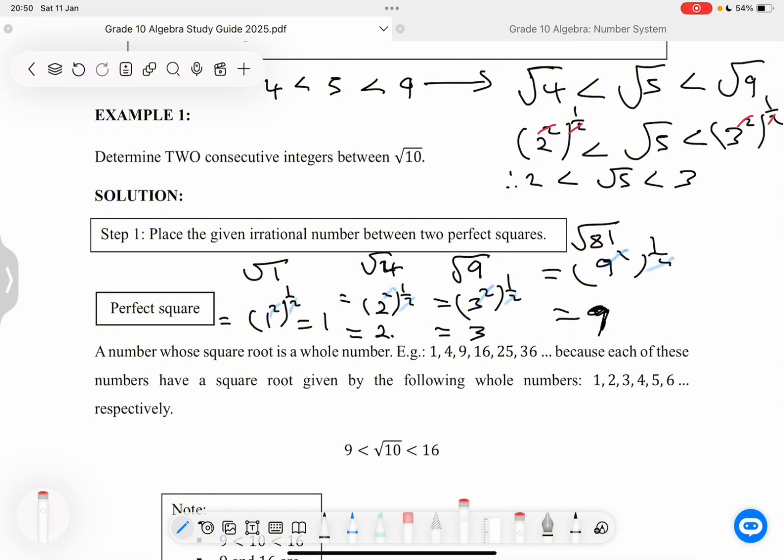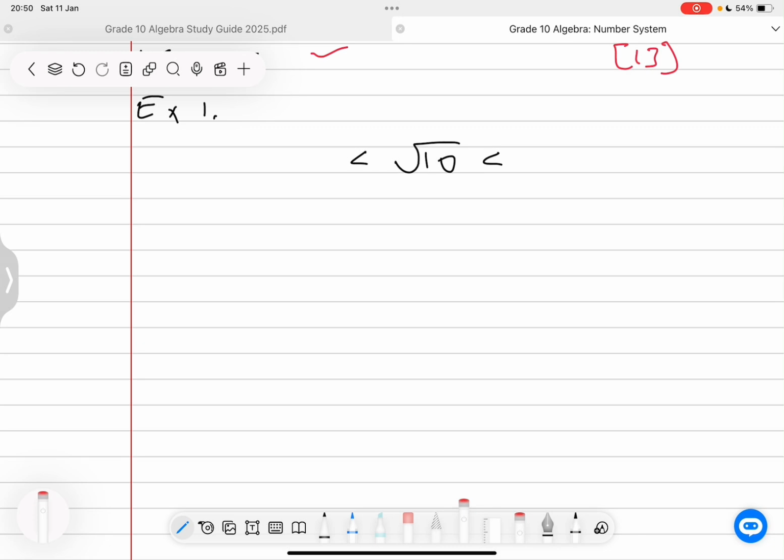There are many numbers that would give us perfect squares as we increase our whole numbers and square all of them. Now here we have to find two perfect squares, one that sits this side and one that sits that side.